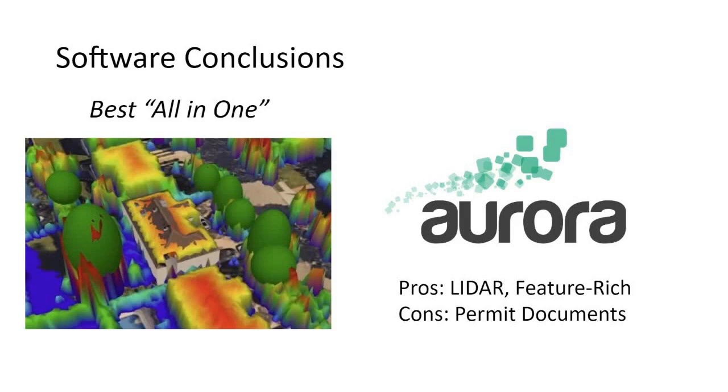The only con that I really have against Aurora is that you still need another software for generating permit documentation, because they're not trying to be your electrician. They're trying to be your design software, and they don't have the same vision as PV Complete does on what their role is in generating your project documents.